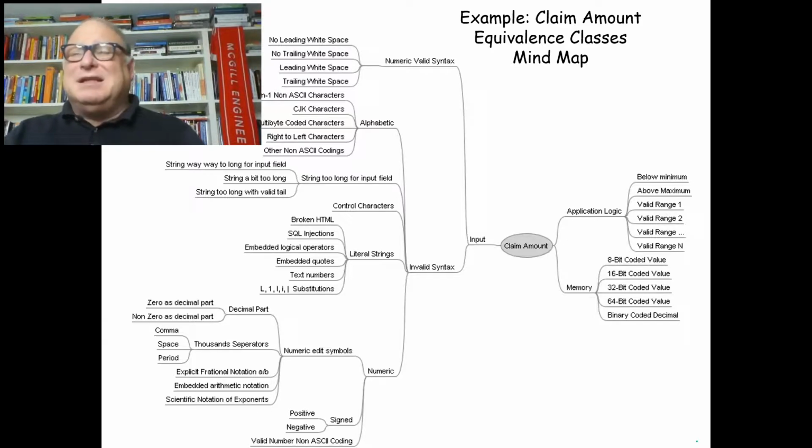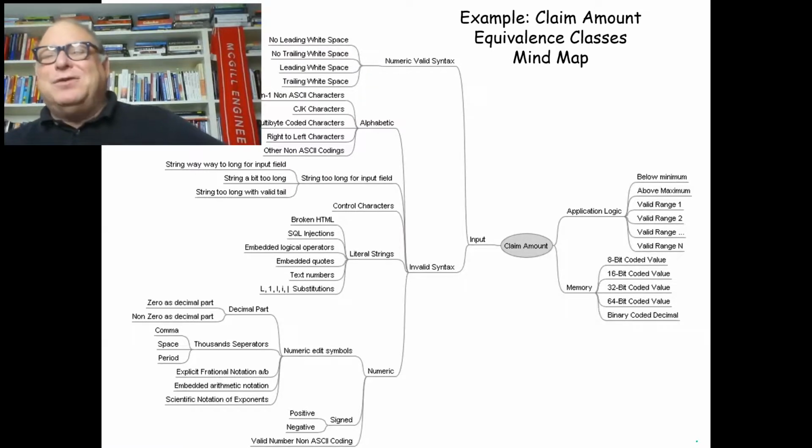Maybe the claim amount could be coded in 8-bit, 16-bit, 32-bit, 64-bit, or with what's called BCD coding. Whatever this is, we may want to try at least one test case for each of these to make sure that, for example, a value that's too big for a 16-bit one still gets processed correctly.